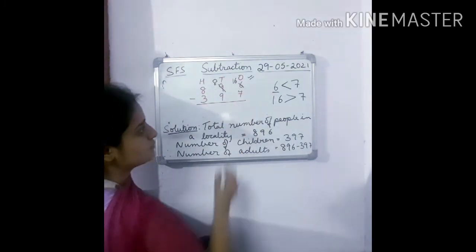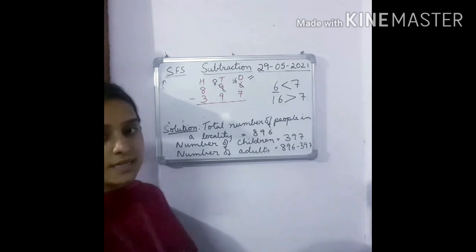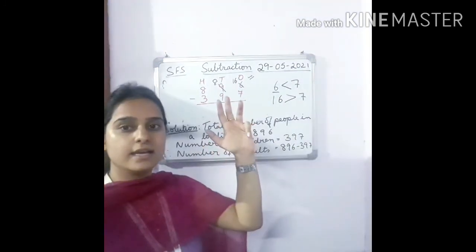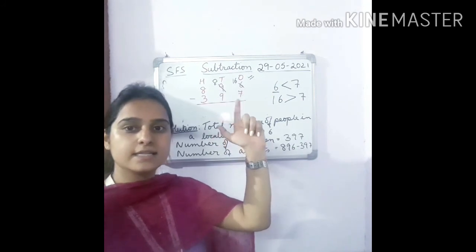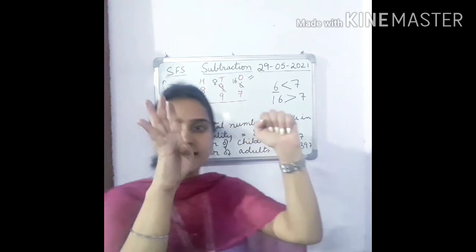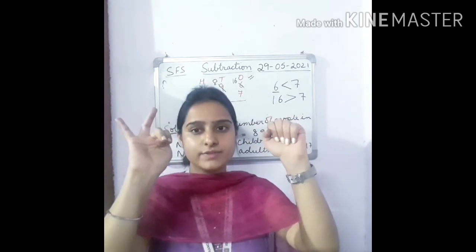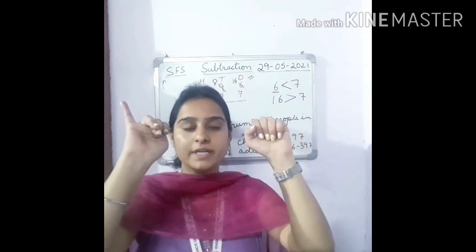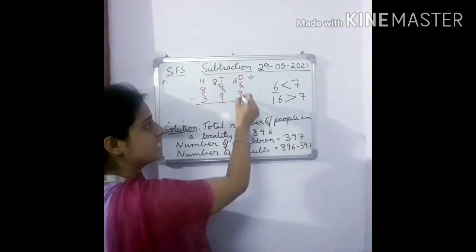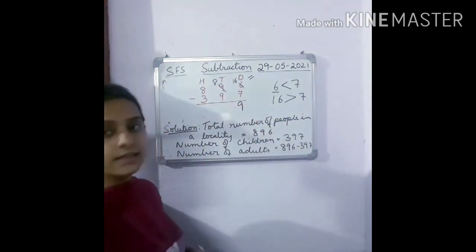So now we can subtract very easily. 16 minus 7 is what, children? Let's count it. 8, 9, 10, 11, 12, 13, 14, 15, 16. How many fingers are closed? 9. So children, 16 minus 7 is 9.